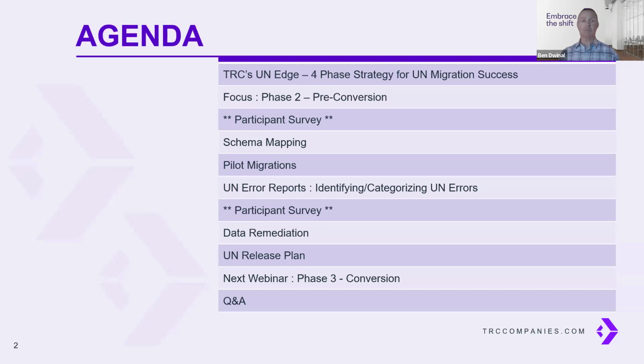We're going to look at strategies for evaluating and prioritizing your data errors and planning for your data remediation and data cleanup efforts. Lastly, we're going to talk about key considerations and planning to define your release strategy. And then we'll wrap up today with a Q&A session.